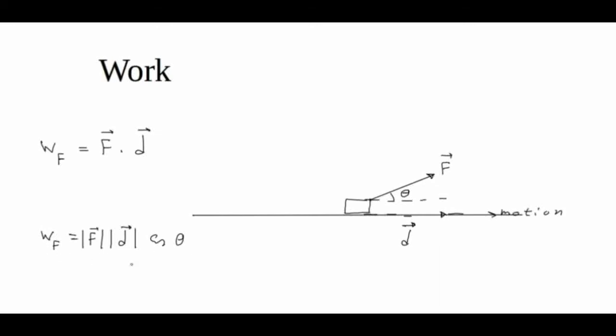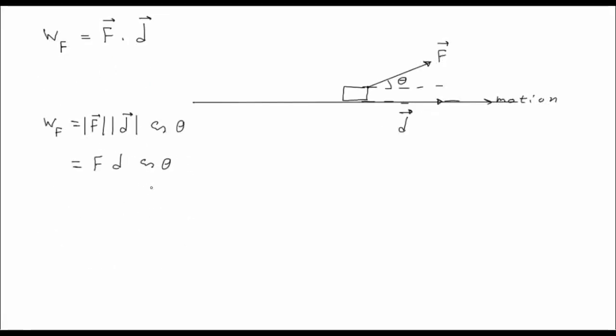This can be written as Fd cosine of theta if F and D in this relation are the magnitudes of vectors F and D.